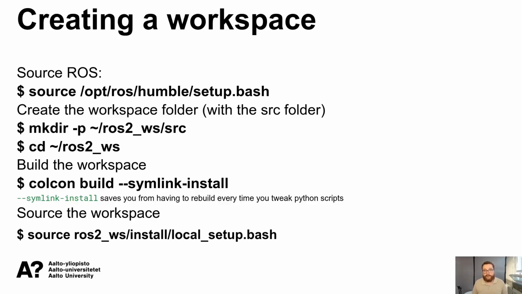And okay, so how to create a workspace? This is what we will be going through in the exercise as well, but here's a quick overview. First of all, you want to source the ROS underlay. Then you create the workspace folder. These are basic terminal commands that you may or may not be familiar with.